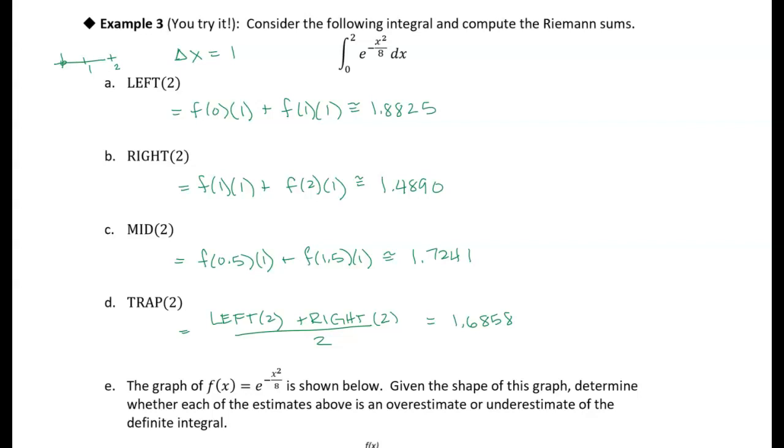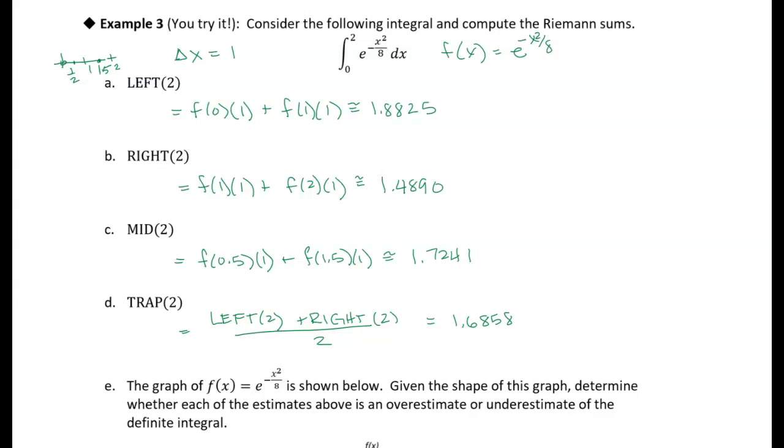And then for the midpoint, we're just going to take the midpoint. So we're going to have a midpoint at 1/2 and a midpoint at 3/2, or 1.5. Okay, so just evaluate the function. And in this case, I'm taking f of x equal to the integrand, which is e to the minus x squared over 8. Okay, so you can compare your answers.